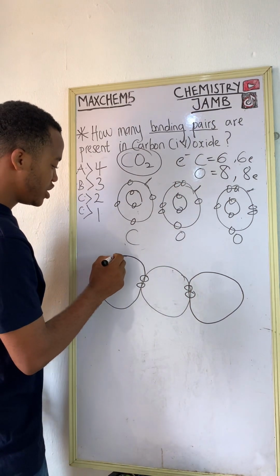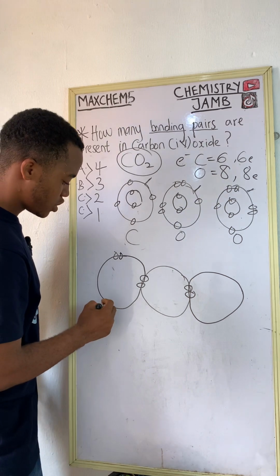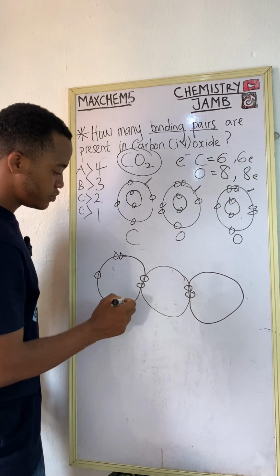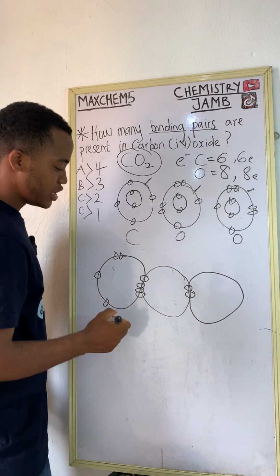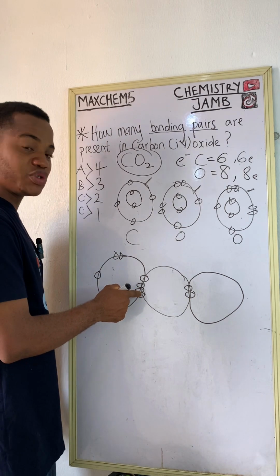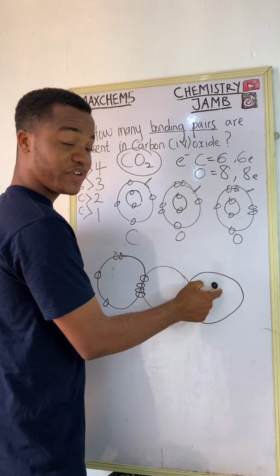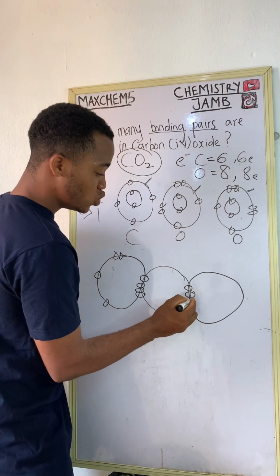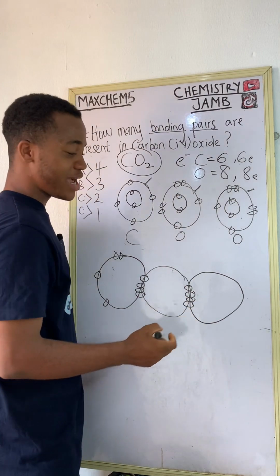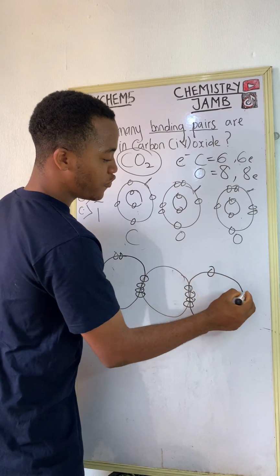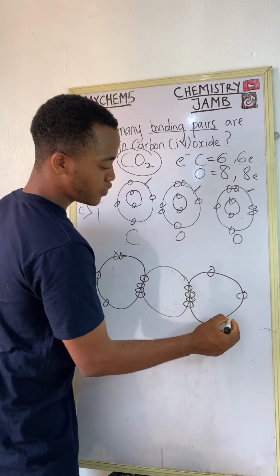So this one is going to be remaining with 1, 2, 3, 4, 5, 6. This one is using 2 of its 6 valence electrons to bond with this carbon, while this one also has 6 valence electrons, and it's going to be using 2 to bond with this carbon, right? So it's going to be remaining with how many? 4, right? 1, 2, 3, 4.